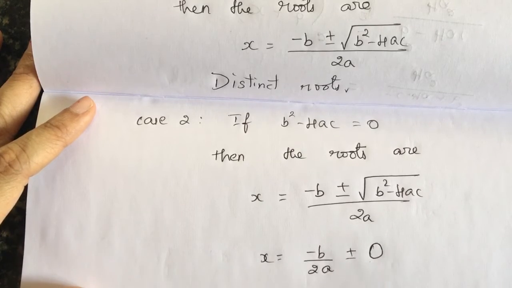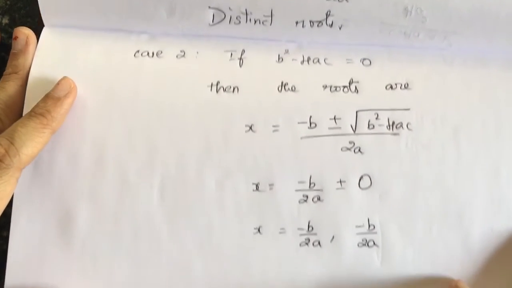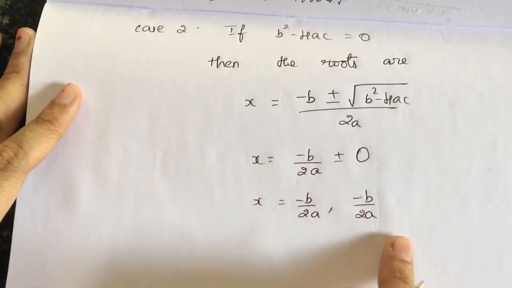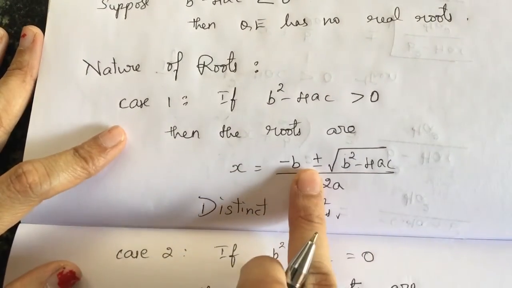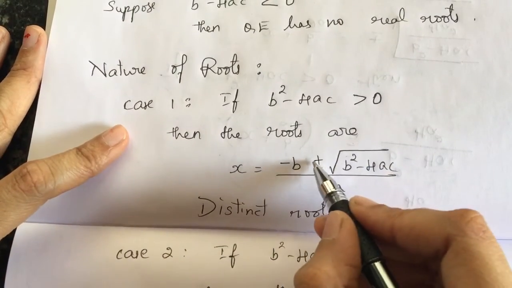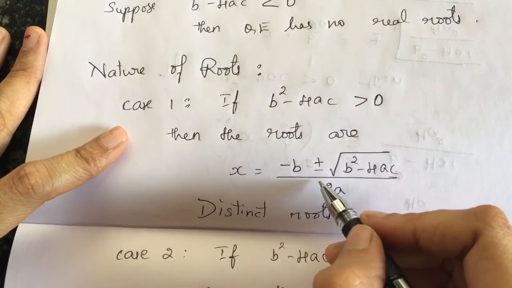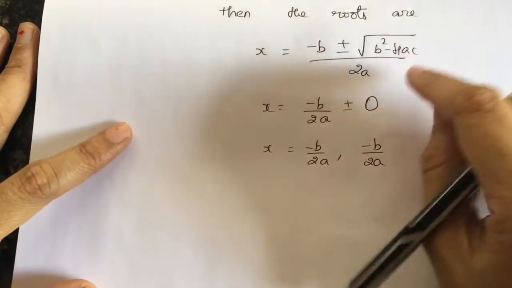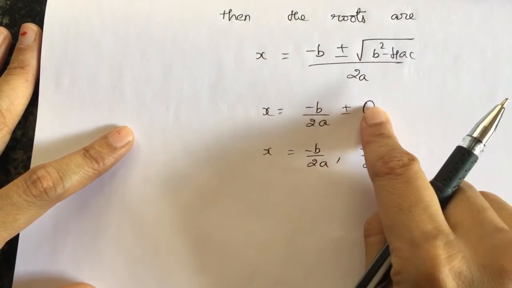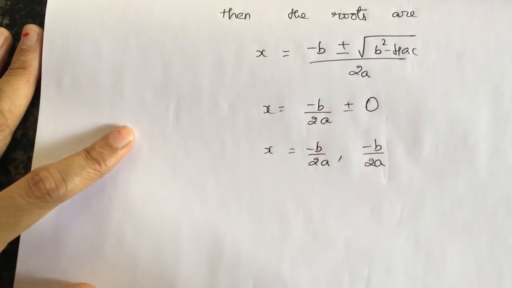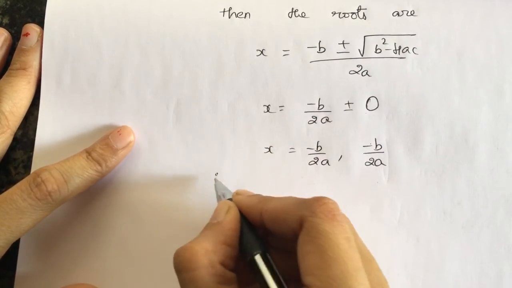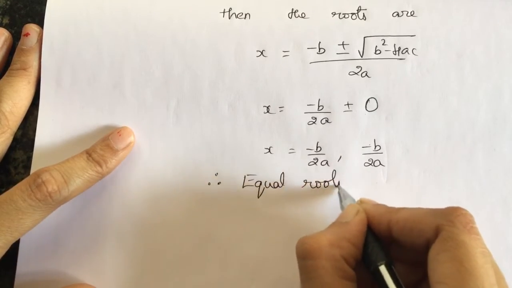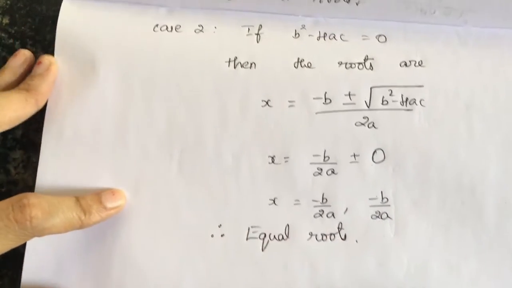Once plus 0, once minus 0, so we are not considering that. We are just writing this. So you are getting the same roots, equal roots. In the earlier case you get different roots because this value matters, and once you are adding and another time subtracting, so you will get distinct roots. Here in this case this value is 0, so you will get the same roots. Therefore you can say equal roots if b square minus 4ac is equal to 0.